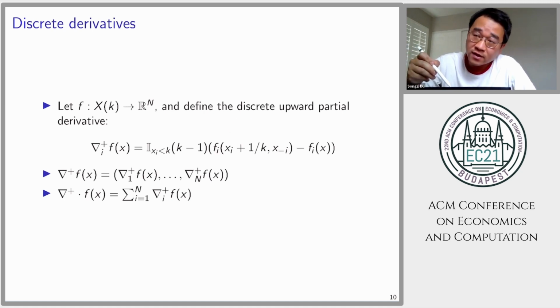Given the discrete derivative, we can define the discrete gradient vector, which is just the profile of these partial discrete derivatives. And here, this is del dot f, the so-called discrete divergence, where we are just adding up these discrete derivatives.